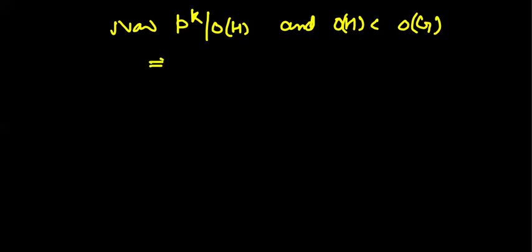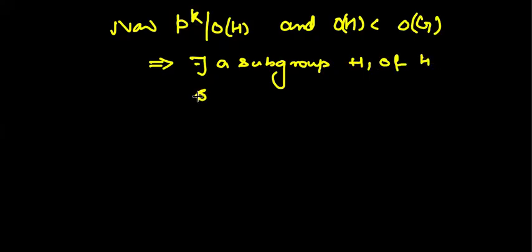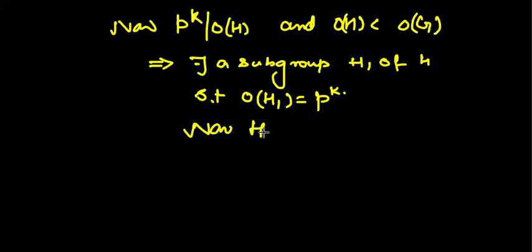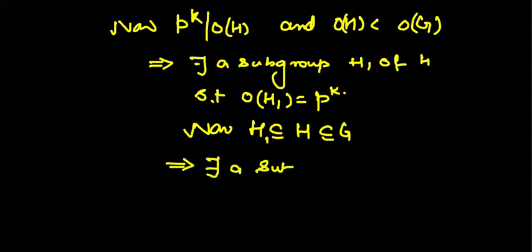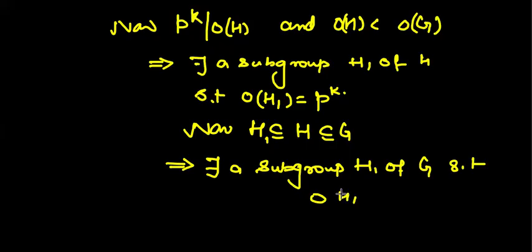So this means that there exists a subgroup H1 of H such that the order of H1 is equal to p raised to power k. Now H1 is a subgroup of H, and H is a subgroup of G. This means that there exists a subgroup H1 of G such that the order of H1 is equal to p^k. Hence the result.